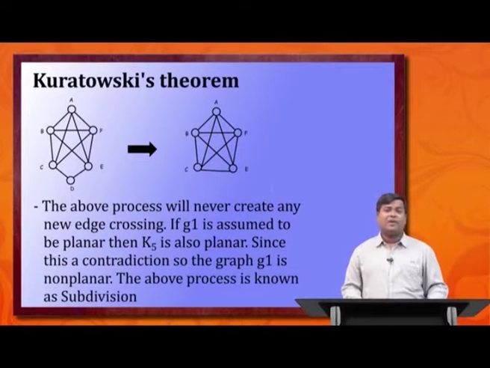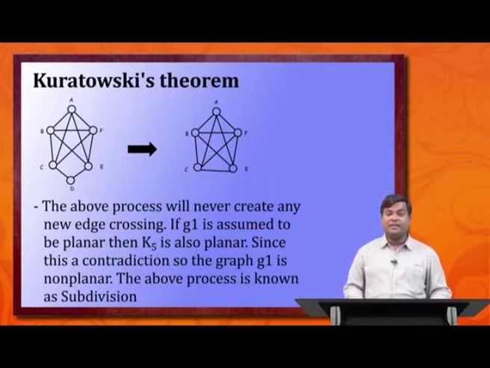In that process we have not added any new crossing, which means if the original graph is planar, then the reduced graph K5 is also planar. But K5 is not planar, which we have already seen. So our assumption is not true, and our original graph G1 is non-planar.